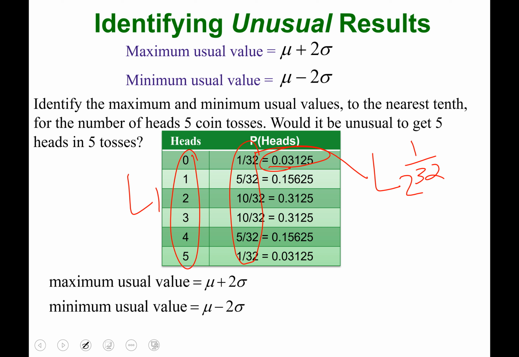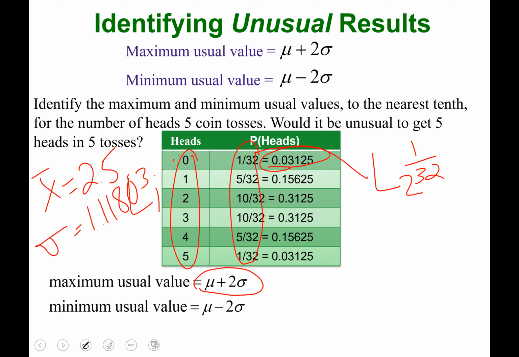The first thing on my output screen is x bar equals 2.5. Next thing I'll be interested in is population standard deviation, which is 1.11803, and so on. Okay, so to use this formula, we're going to plug x bar in for mu, so 2.5, and 1.11803, and so on in for sigma.